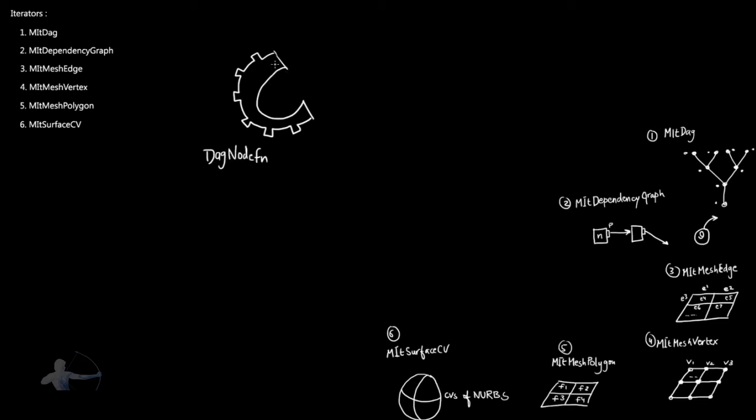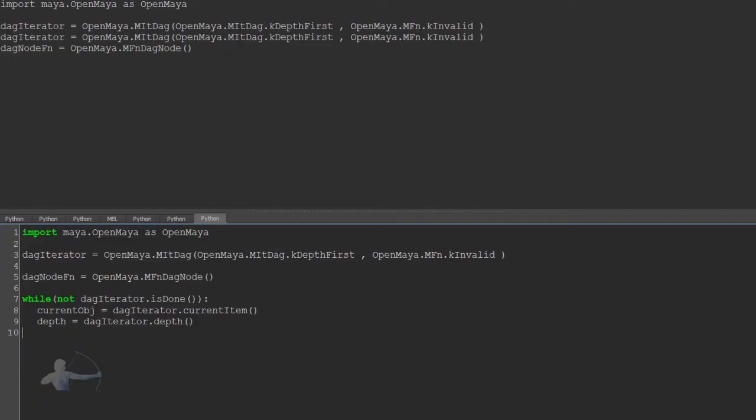So we would provide it an mObject. And which mObject would we provide it? That mObject at which the iterator is working. And we know that the current object is the mObject on which the Dag object is currently working.